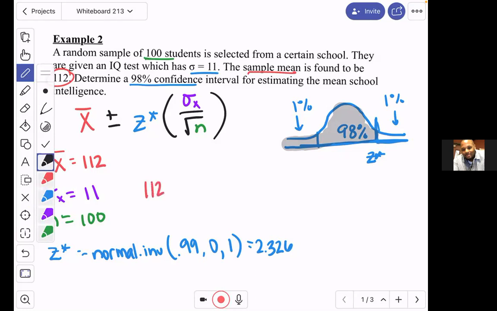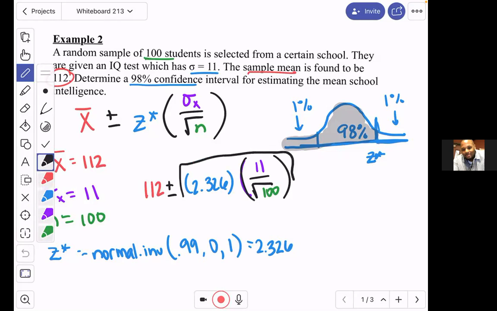So when I do this, I do 112 plus or minus my Z star, which is 2.326, times my sigma, which is 11, divided by the square root of my n, which is 100. And all this is just arithmetic. Now you need to clean this up. I like to calculate this value right here first.